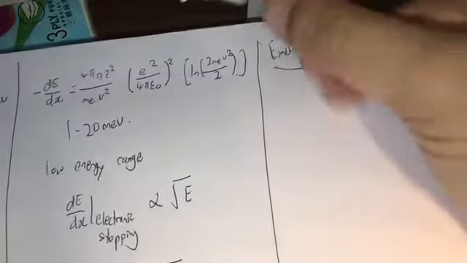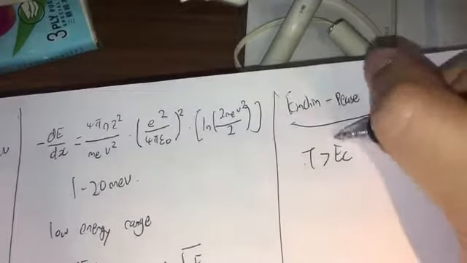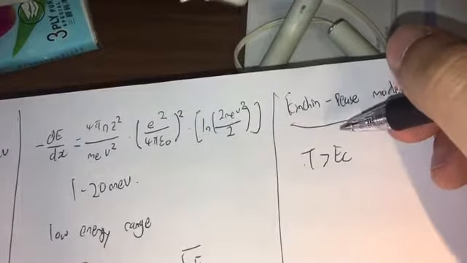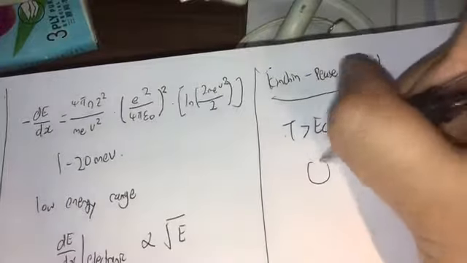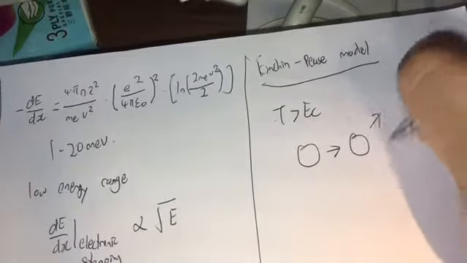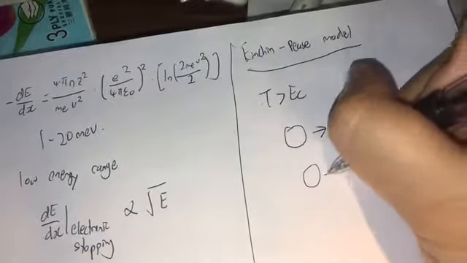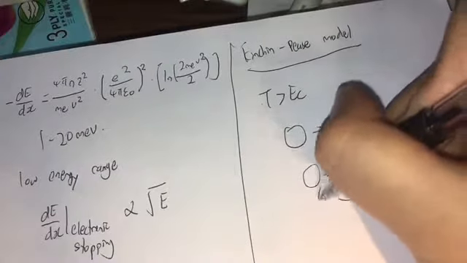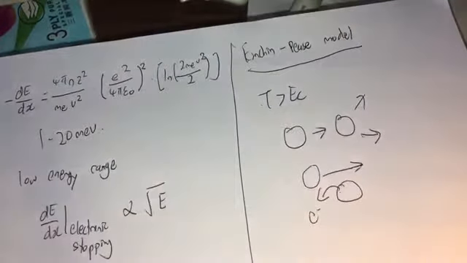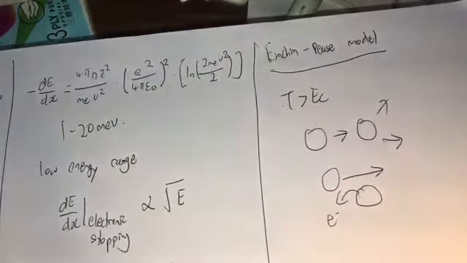So if T is more than EC, where EC is the threshold for electronic stopping to occur, we can have two effects happening. One is the collision, and the other is that it will just ionize the atoms along the way, and thereby lose its energy.